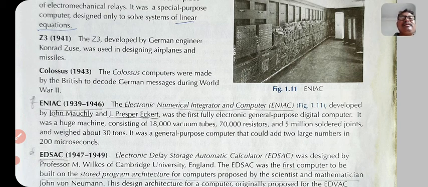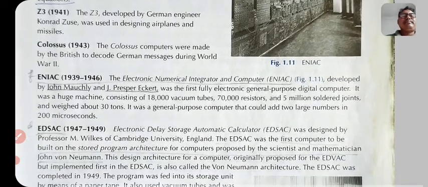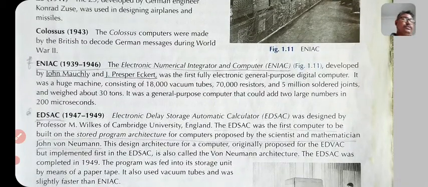Then Colossus, 1943. The Colossus computers were made by the British to decode German messages during World War II. So to decode the German messages in the time of World War II, Colossus computers were introduced, mainly by the British.